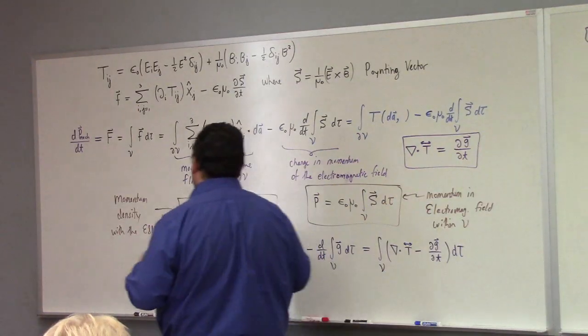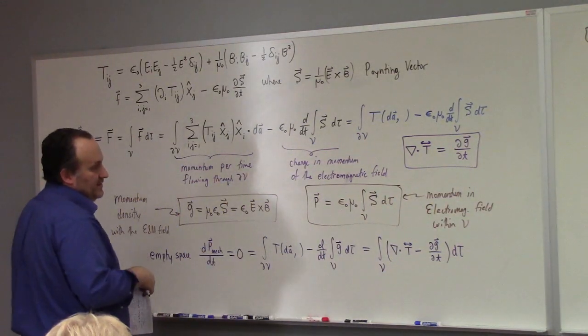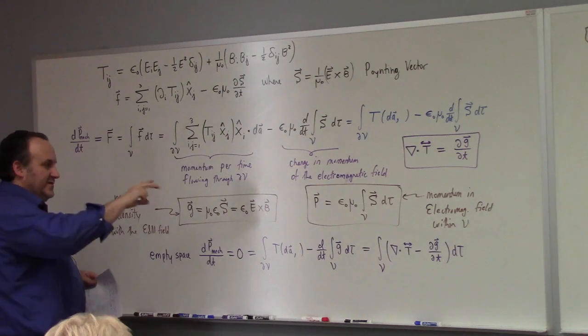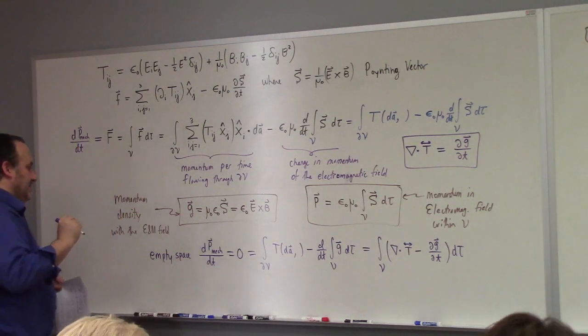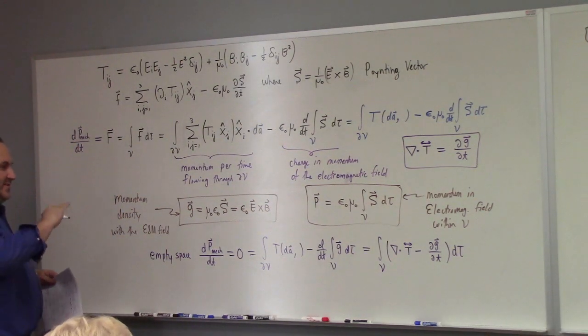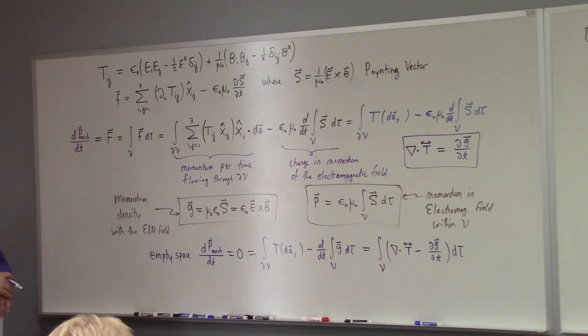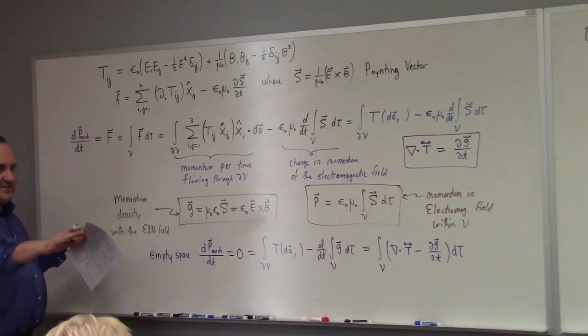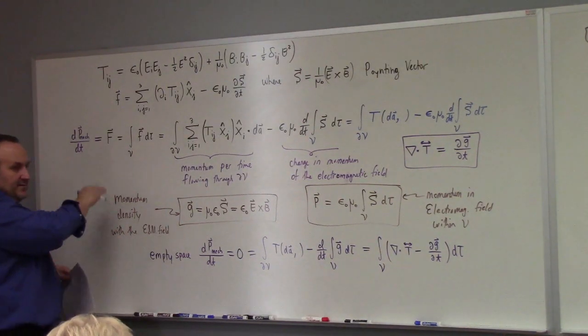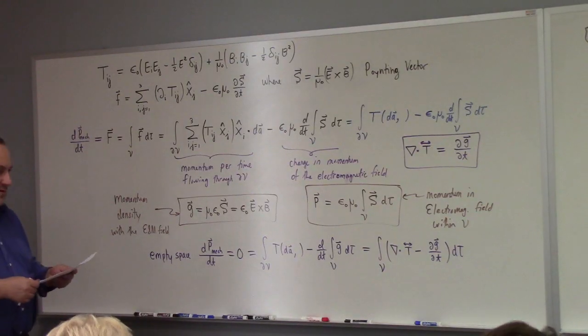Now, what was g again? g was the momentum density. So the divergence of the stress energy tensor has to be matched by the rate of change of the momentum density with time, right? So momentum diverging has to correspond to a change in the density of momentum.